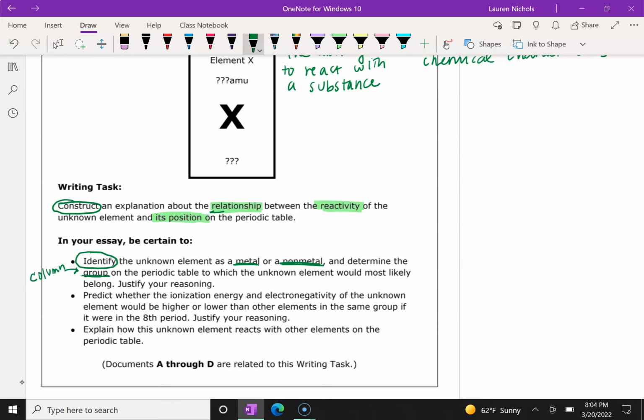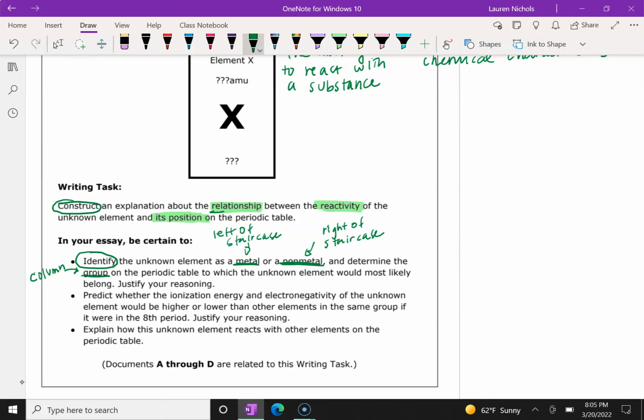That's up and down. There are 18 of them. We know that metals are to the left of the staircase on the periodic table, and non-metals are to the right of the staircase. So we can use that to help us.